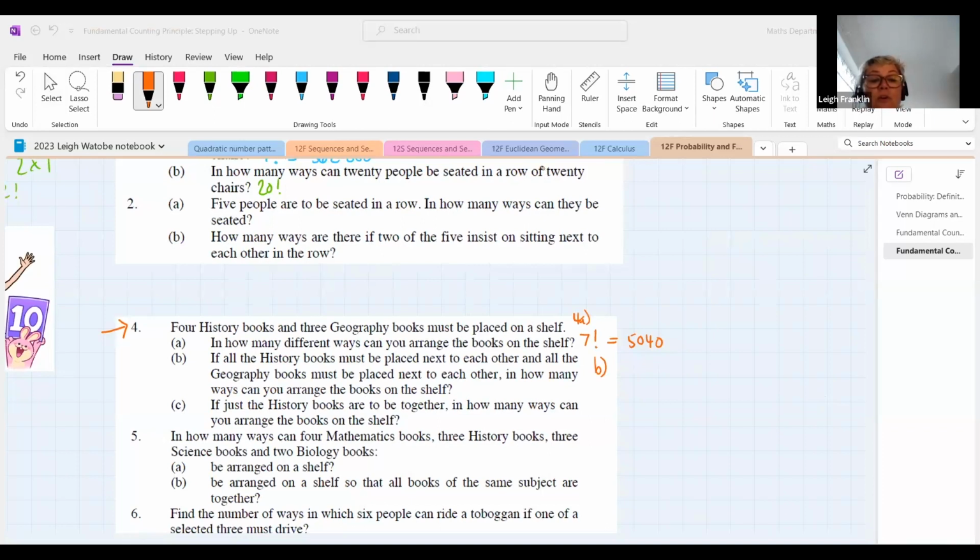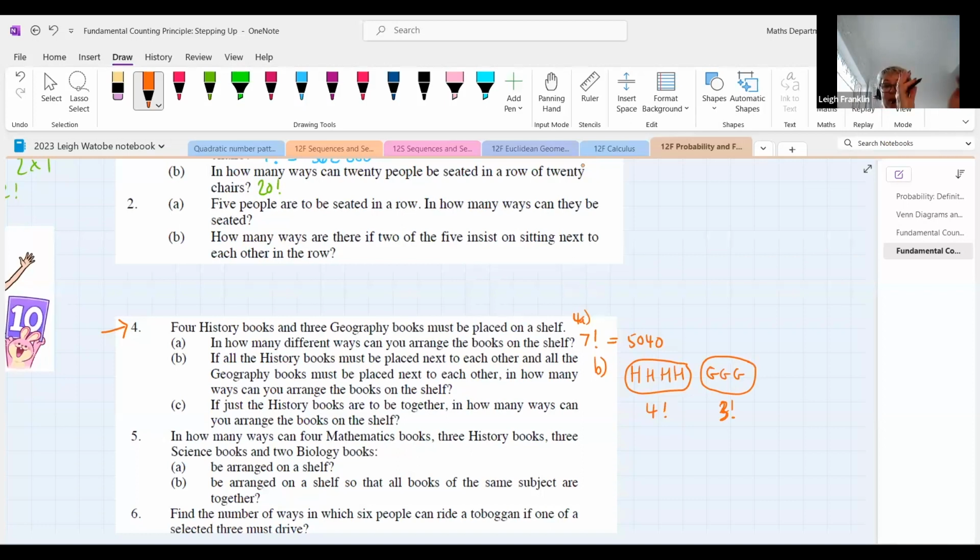All right, so we want history, history, history, and history together, and geography, geography, geography together. So when we put a circle around the history books, there are 4 factorial ways in which they can be arranged with each other. Then as far as the geography books are concerned, there are, not 2, 3 factorial ways in which they can be arranged. That's it, Akila, quite right.